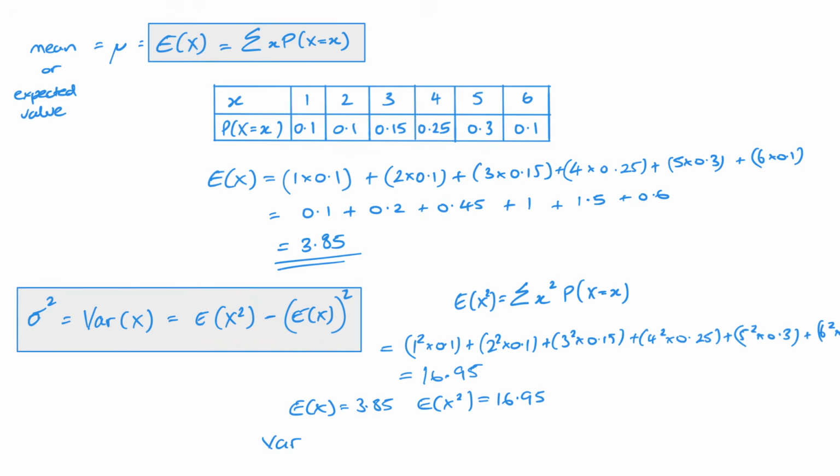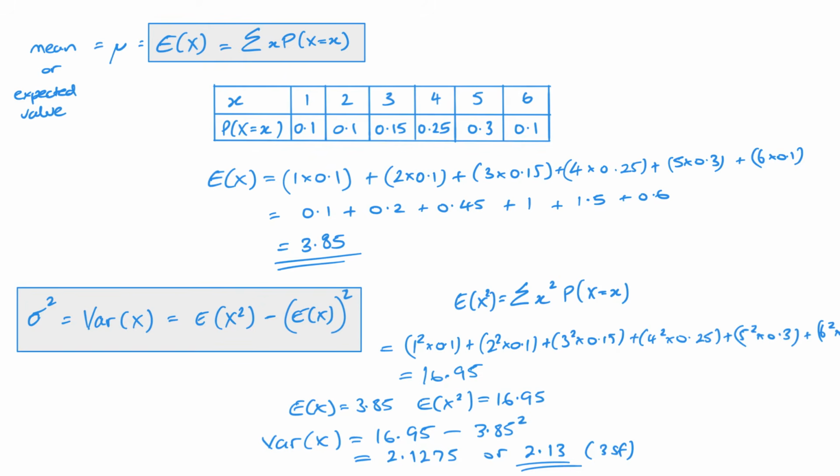So my variance of x is 16.95 minus 3.85 squared. And here we get 2.1275, or 2.13 to 3 significant figures. And that's my variance.